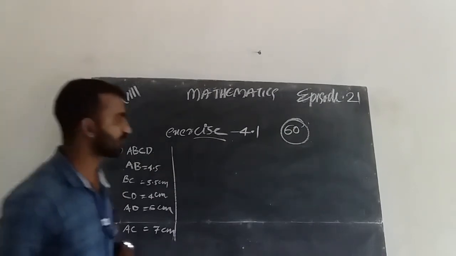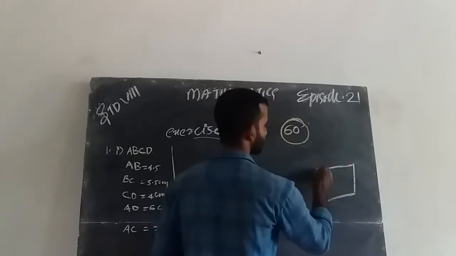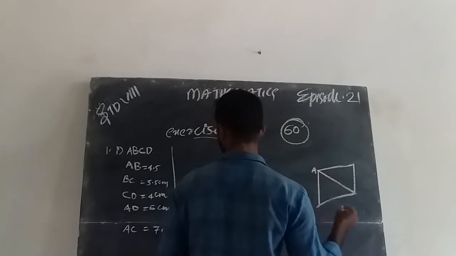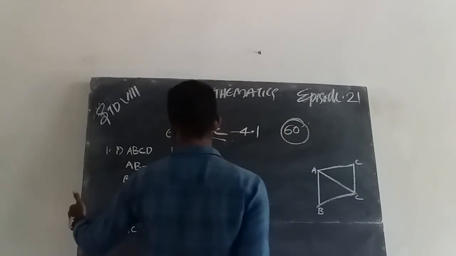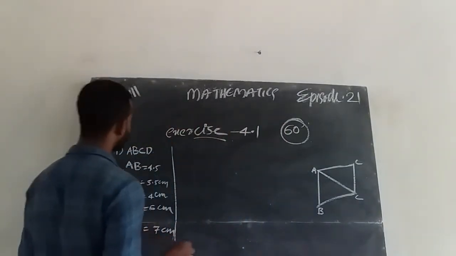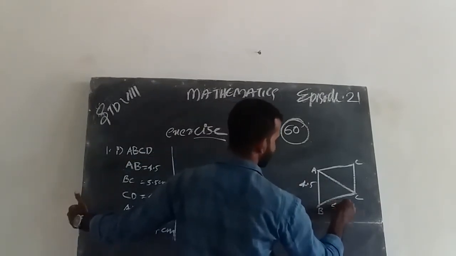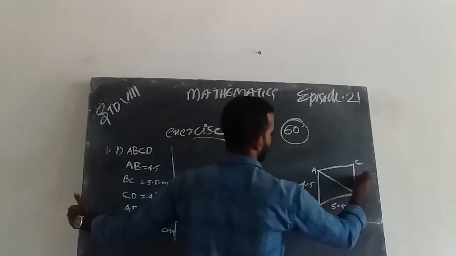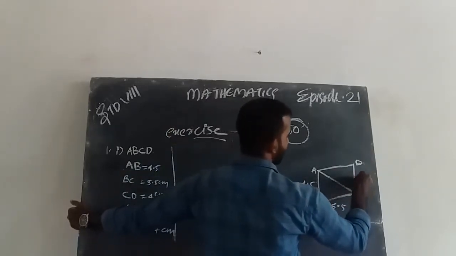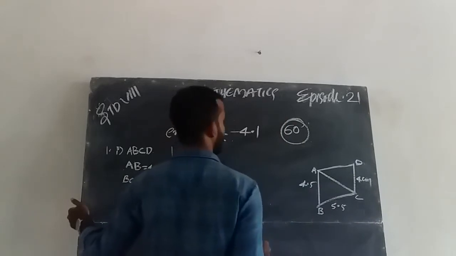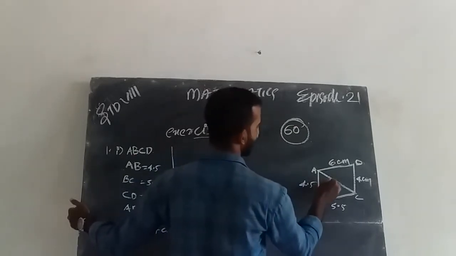Can we start? That is, first we draw the rough figure. Measurements are AB 4.5, BC 5.5, CD 4 centimeter, and AD is 6 centimeter, and AC is 7 centimeter.